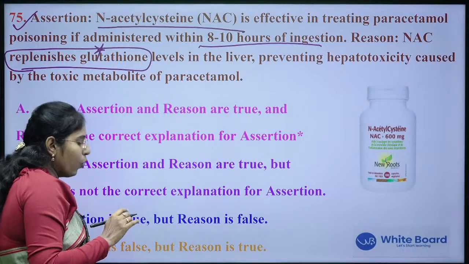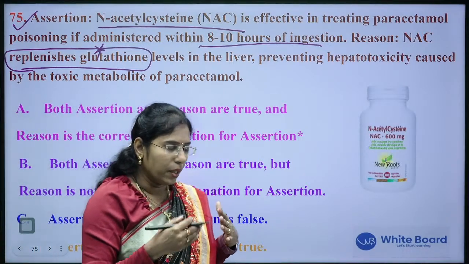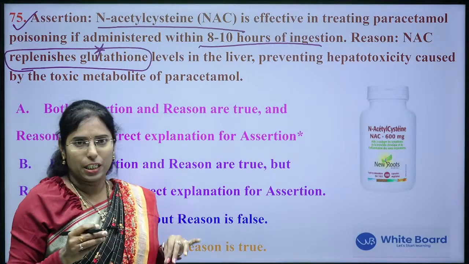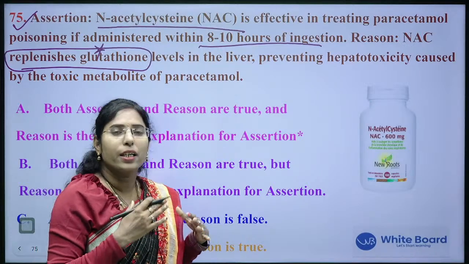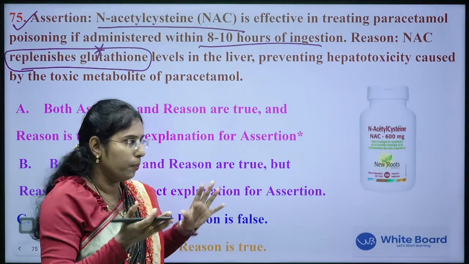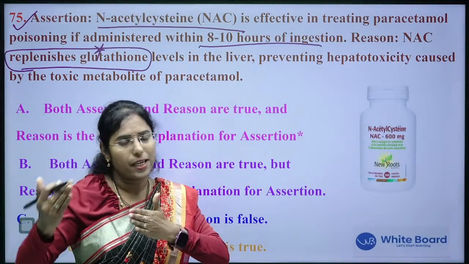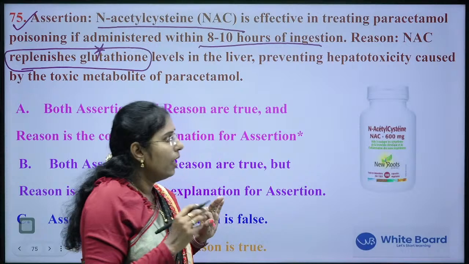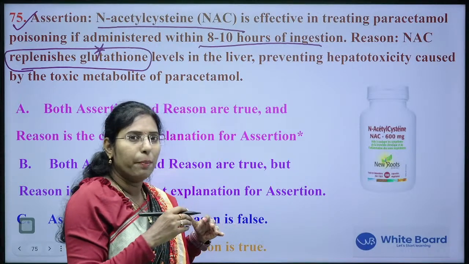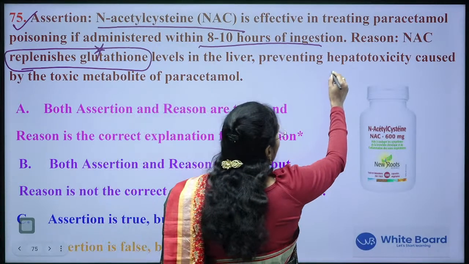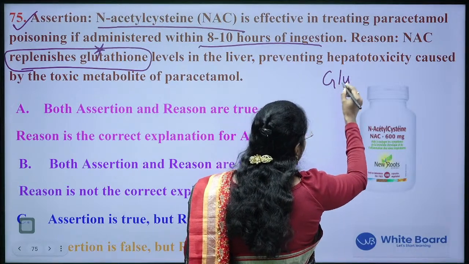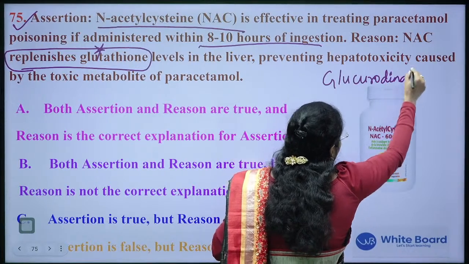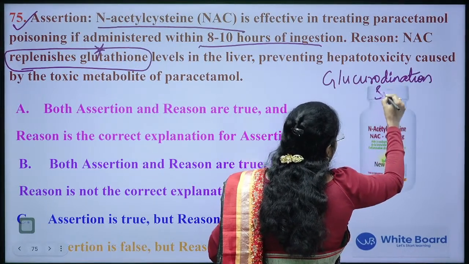So here, what happens if a person has a paracetamol overdose? Generally if we take paracetamol, it will be eliminated from the body by two metabolic pathways, a major one and a minor one. In the major pathway, paracetamol will be eliminated by glucuronidation and the sulfate pathway.